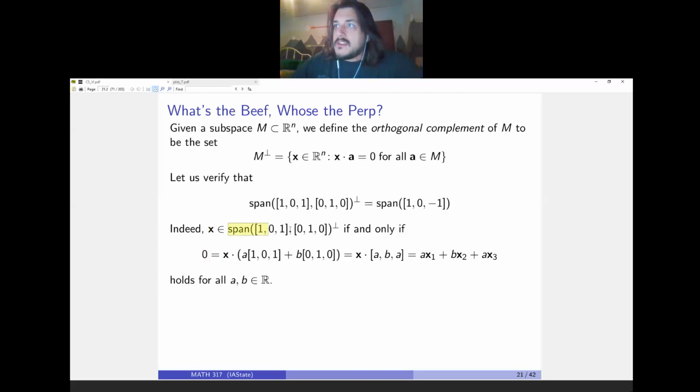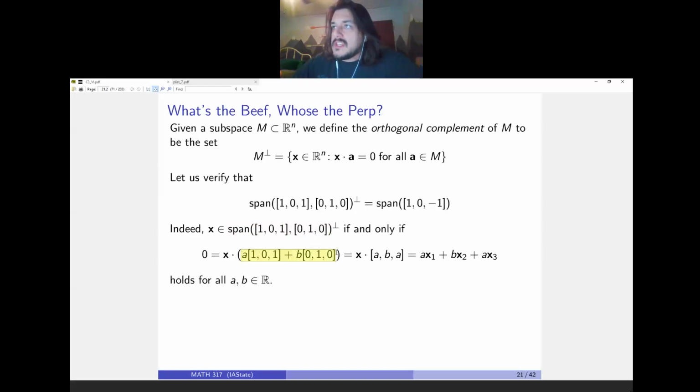So you're in the perpendicular of this set, the orthogonal complement, if your dot product with any element in here, which would be a linear combination, is equal to 0. So it's the collection of all things that are perpendicular to the elements in here.